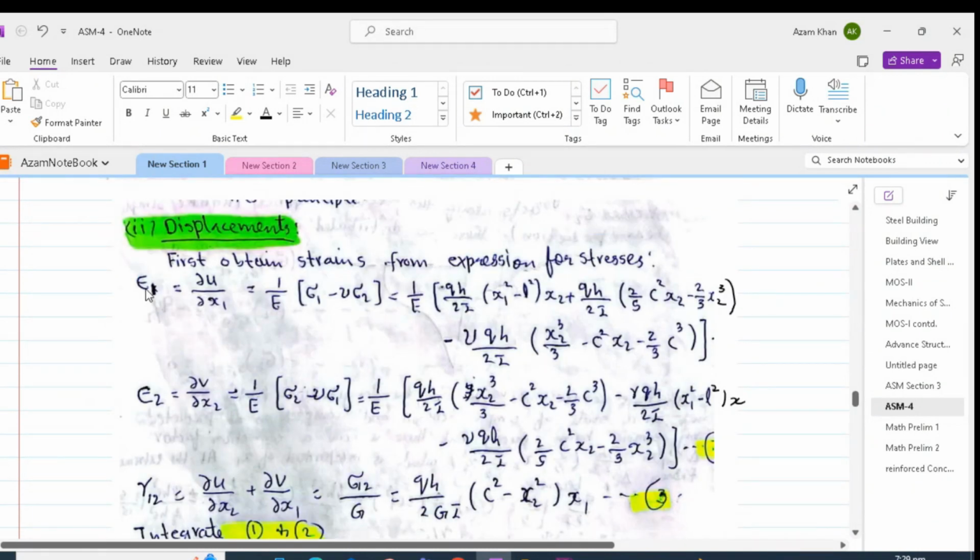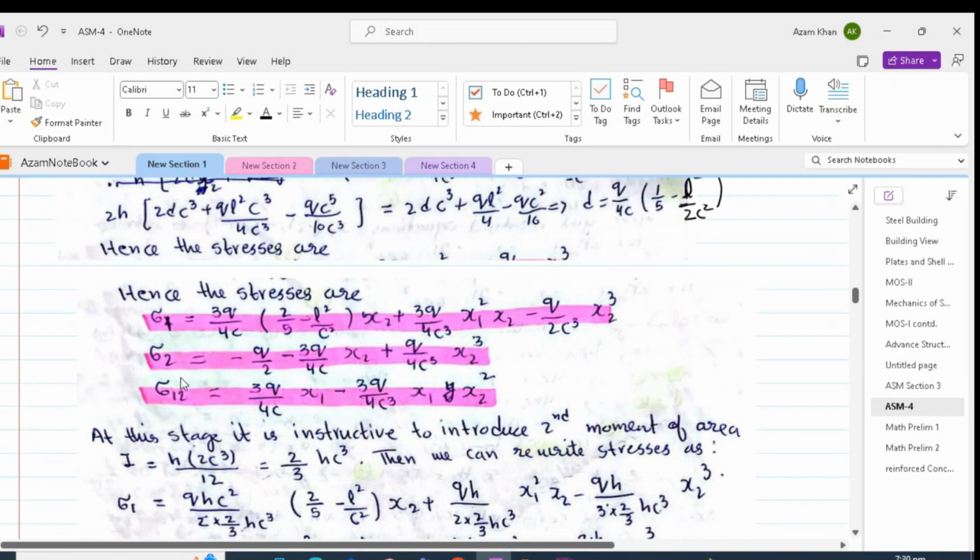So epsilon 1 is equal to partial u by partial x1, which is equal to 1 by E (sigma 1 minus nu sigma 2). Please note 1 by E (sigma 1 minus nu sigma 2) is the constitutive equation. Since we have already found the stresses, we can substitute the values of stress 1, stress 2 and stress 1 2 found above.